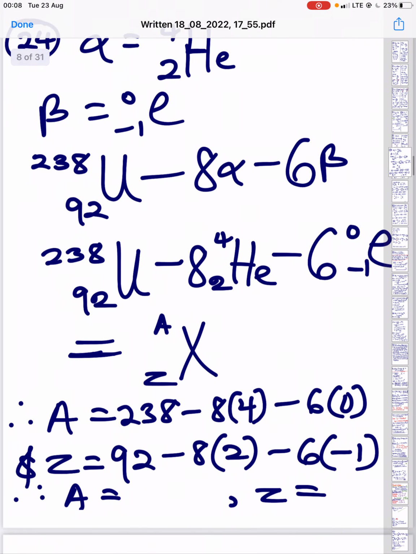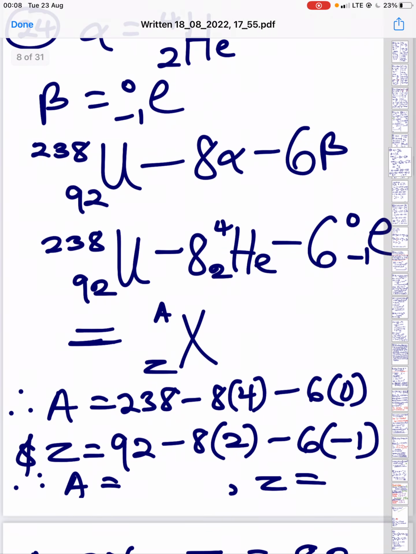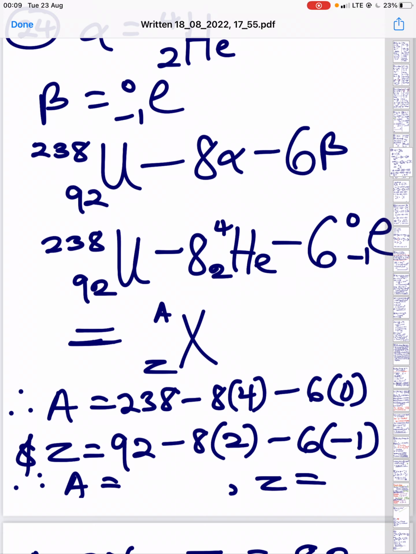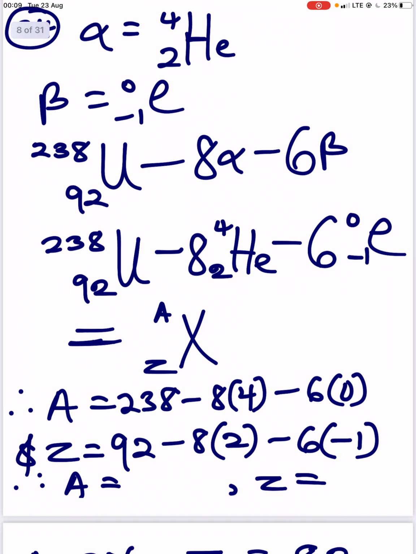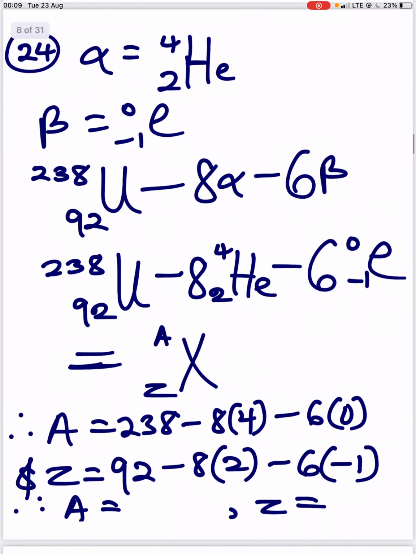That means you are going to be doing 238U92 minus 8 4-2He. This is what represents an alpha particle. Minus 6 0-minus 1e. That's what represents a beta particle, just like an electron, as I have shown up here around the question number.